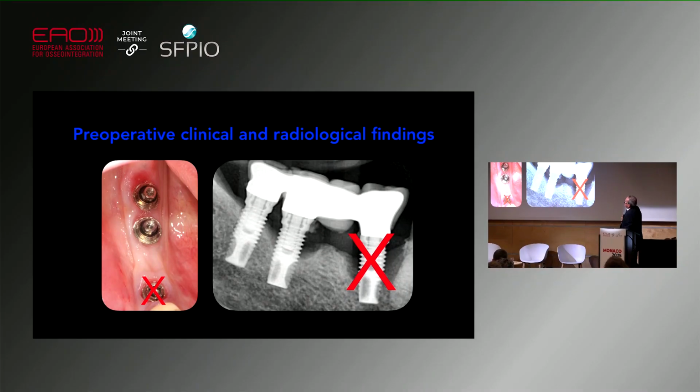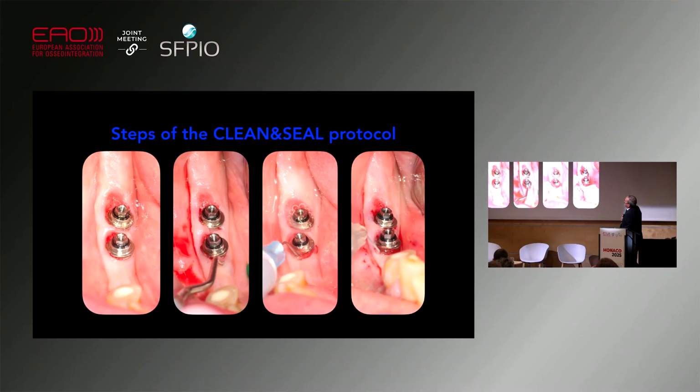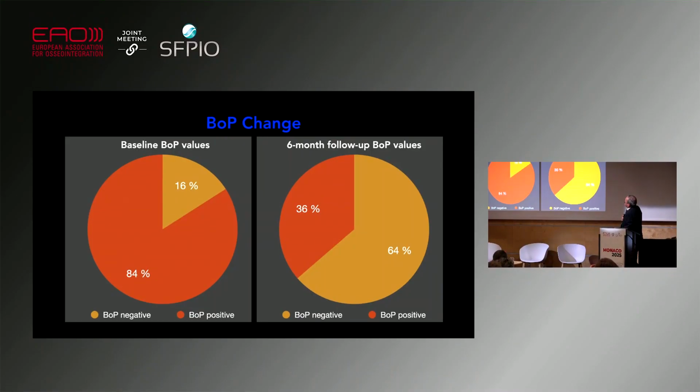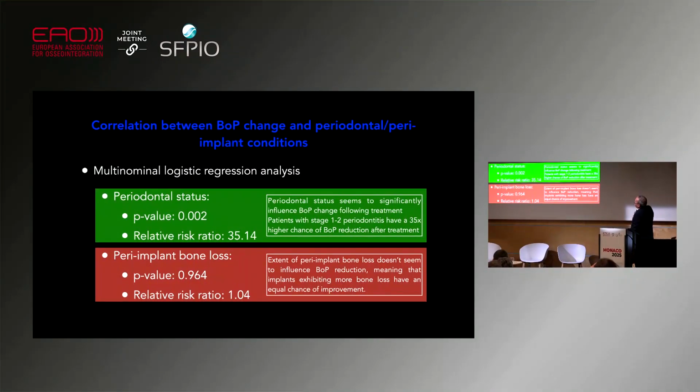So one implant was retrieved, and the other two implants in the posterior mandible were treated with the peri-solve concept. And these are the baseline bleeding on probing and the change 6 months after, a dramatic improvement. And we can say, using a so-called multinomial logistic regression analysis, that when the patient is really periodontally involved, then it is very likely that this kind of longevity of improvement cannot be achieved.